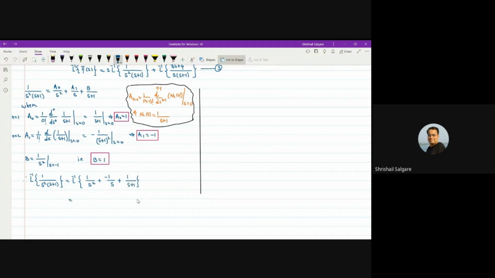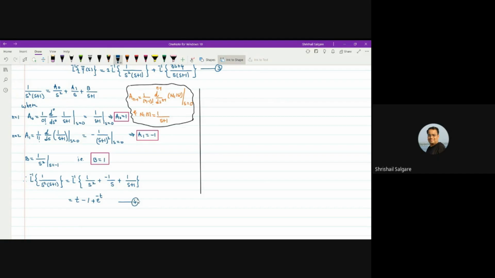And this one is given by, using the linearity property also, what is the inverse Laplace transform of 1 upon s square? Minus, what is the inverse Laplace transform of 1 upon s? Plus e to the power minus t. Suppose this is number 4.